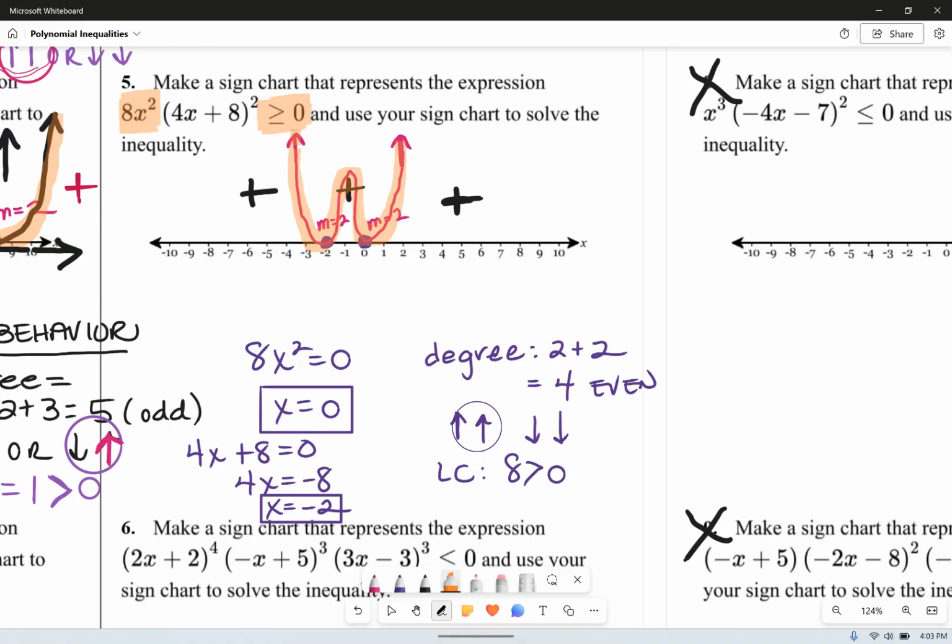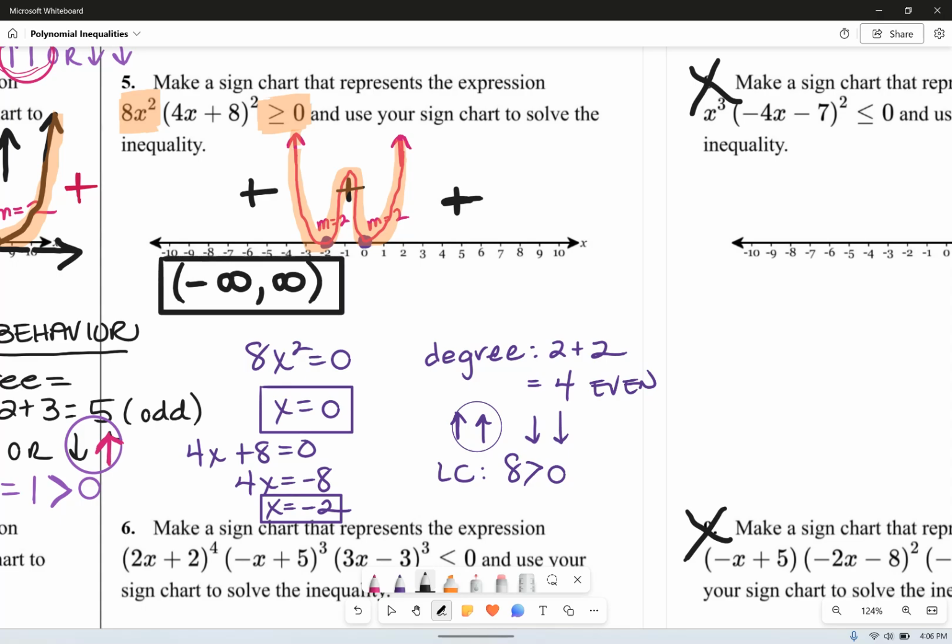All of it is greater than or equal to 0. So in essence, what you're doing is you're going from negative infinity all the way to negative 2, from negative 2 to 0, from 0 to positive infinity. So the entire time it remains above the x-axis.